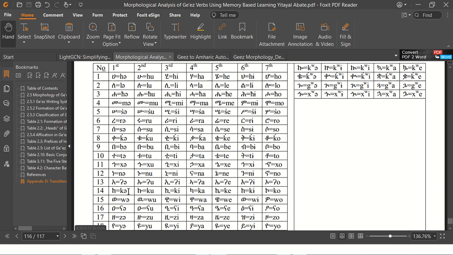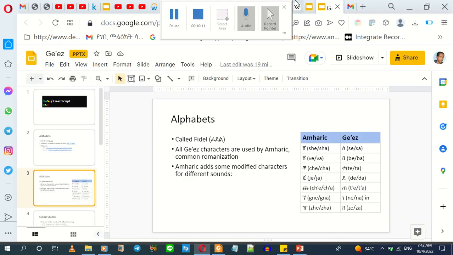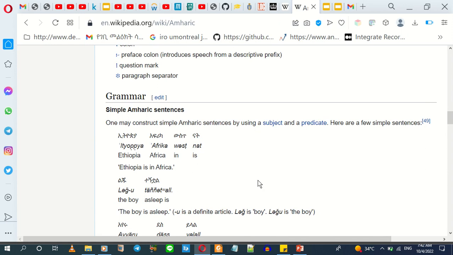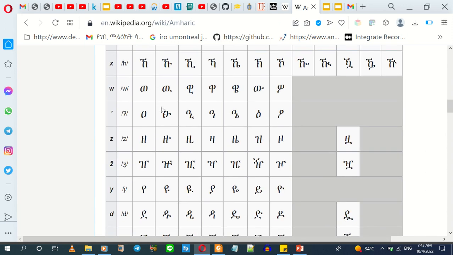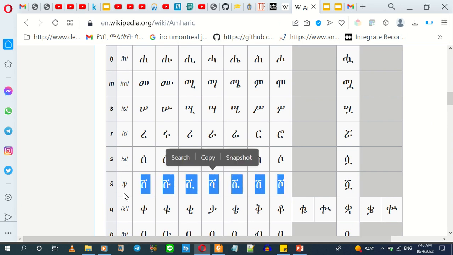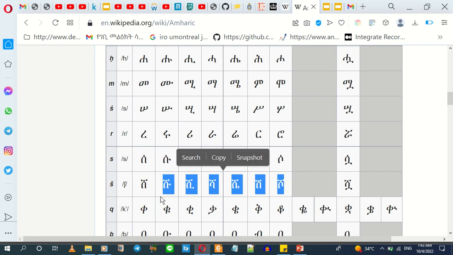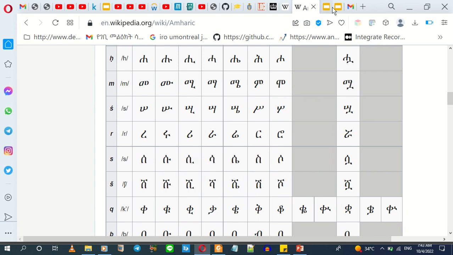For example, in this Amharic one, four forms are shown and there is another additional one here. While referring to this, we assume that it already has the seven forms: she, shu, shi, sha, she, sh, sho, like that.